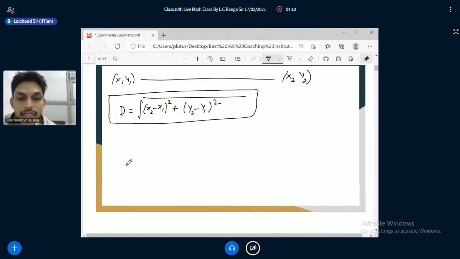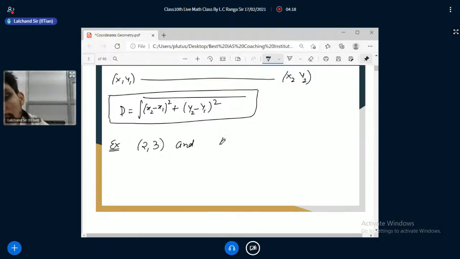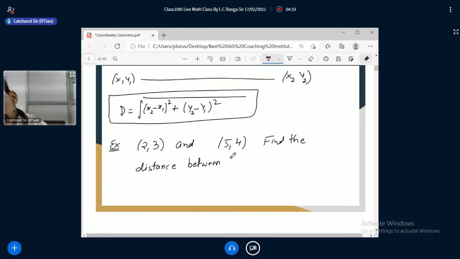Okay. For example, let's suppose we have a point (2, 3), and there is another point, let's suppose (5, 4). Find the distance between them.